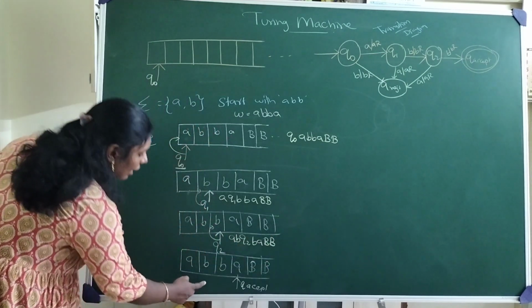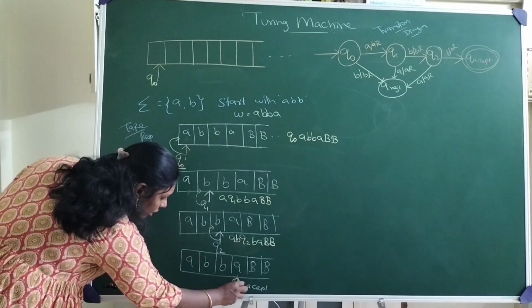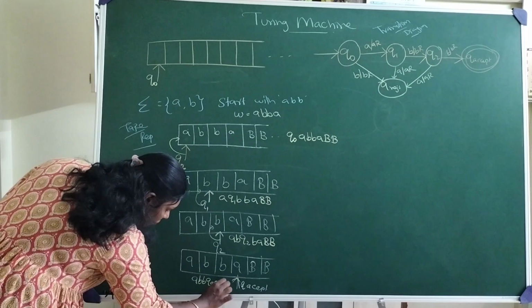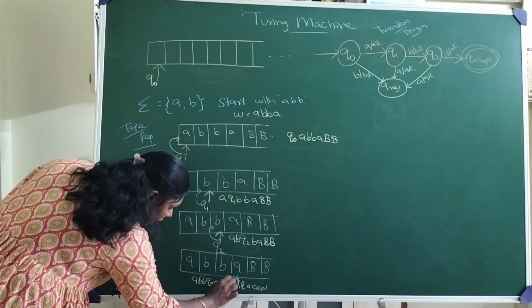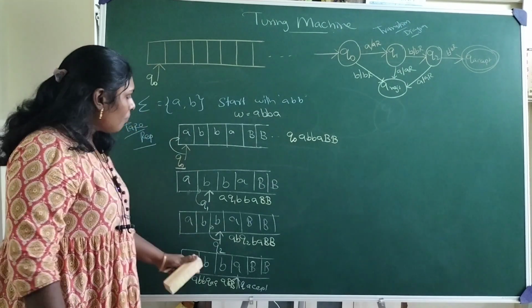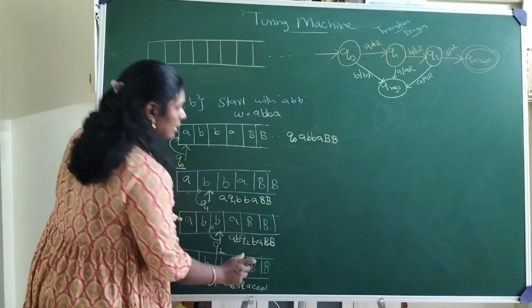And the last one, with the read-write head here: A B B Q accept A blank blank. So this is your tape representation and this is your instantaneous description.